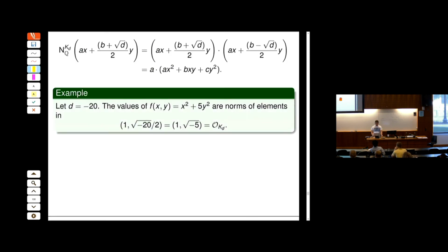All right, so for instance, when d is minus 20, the values of the quadratic form x squared plus 5y squared are norms of elements in the ideal generated by 1 and the square root of minus 20 divided by 2, which is the ideal generated by 1 and square root of minus 5, which is all the ring of integers.